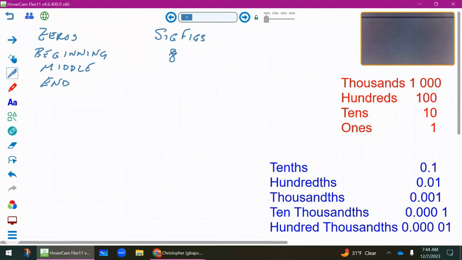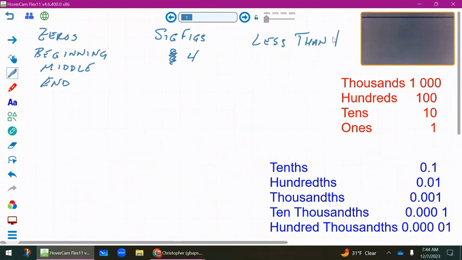Even then, we're going to have to pick a place that is bigger or smaller than the 10,000s place, because that's the only way we're going to get 4 sig figs in a number that is less than 1. So we could have done 8, that would have been fine. I probably wouldn't tell you it has to end in a certain place then. I would tell you that it has to have zeros at the beginning, middle, or end, that it has to have 4 sig figs, and that your number needs to be less than 1.